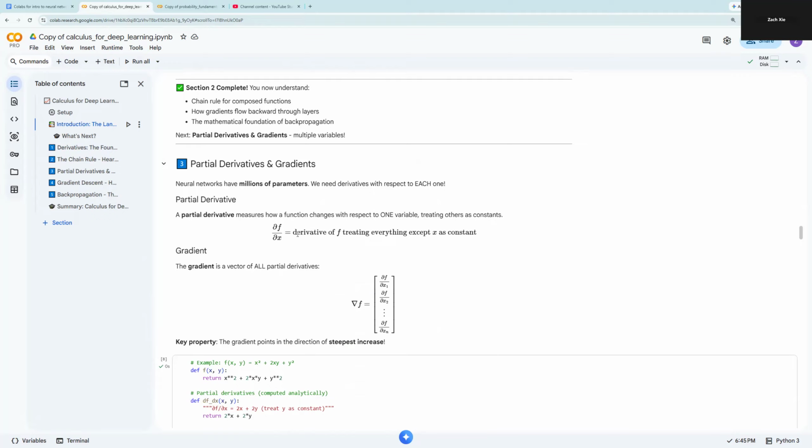The partial derivative is the derivative of a function f, treating everything except x as constant, right? So basically, we're taking the function, and for a given point, we're trying to find its derivative along a certain axis, the X, Y, Z axis, right? But that's for 3D.